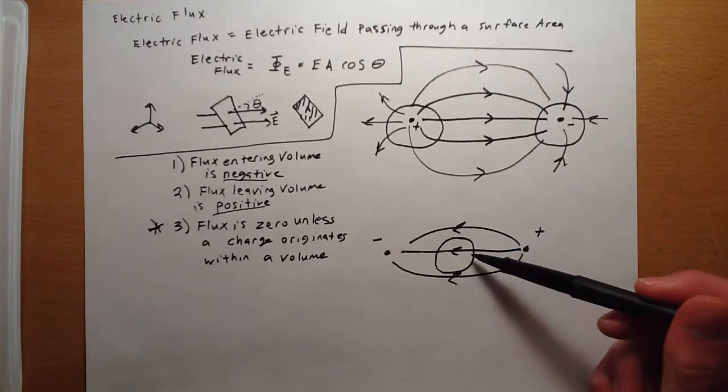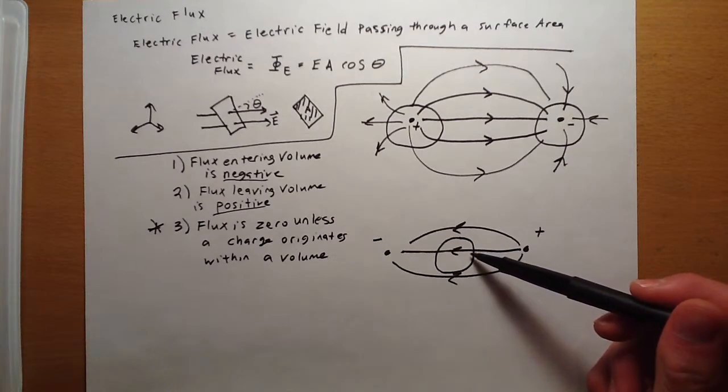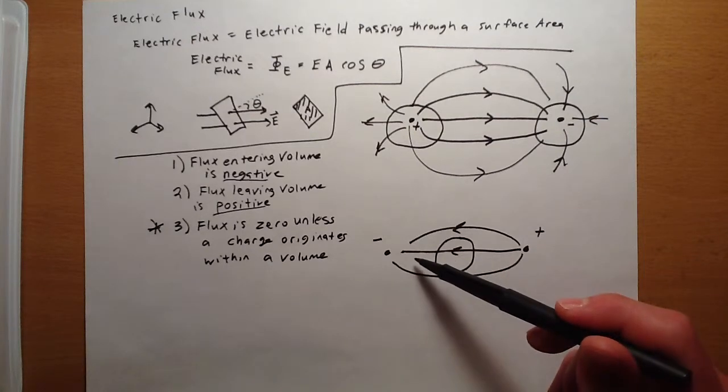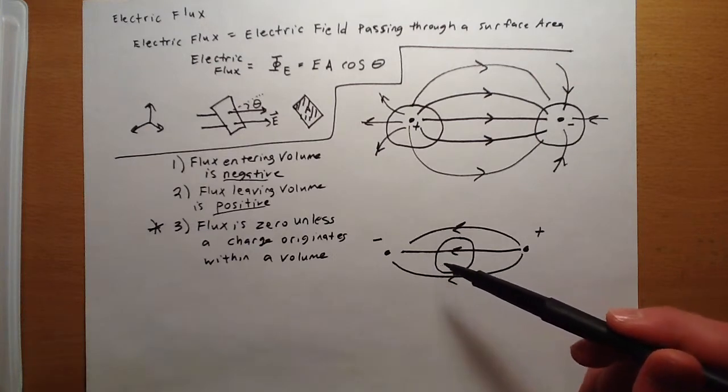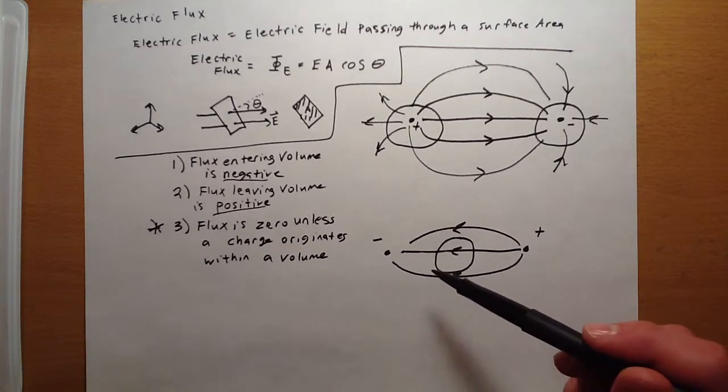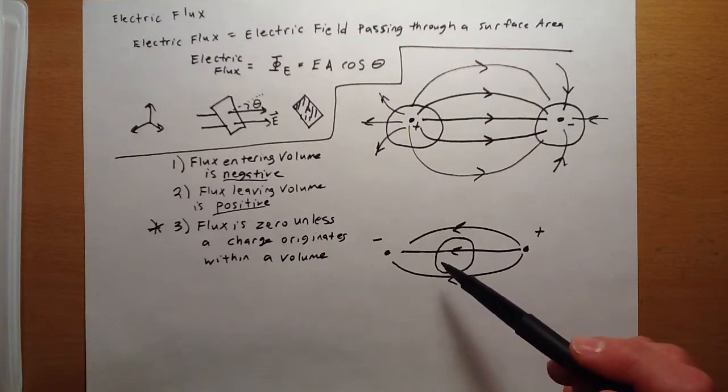When it goes in here, it's negative, so we have a negative flux, but it comes out here, so we have a positive flux. What goes in equals what goes out, so flux becomes 0, and that is because there is no charge inside the volume.